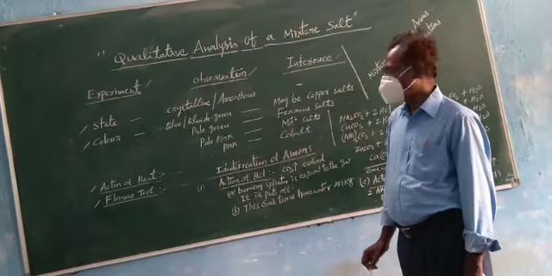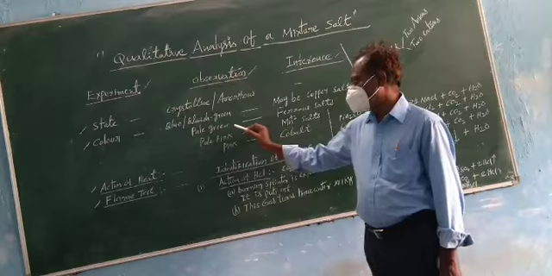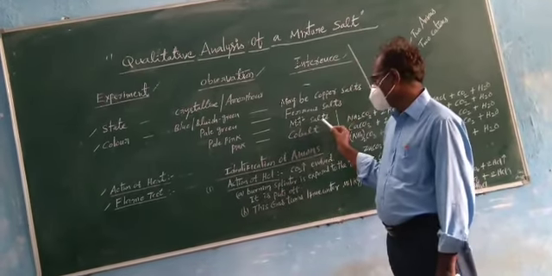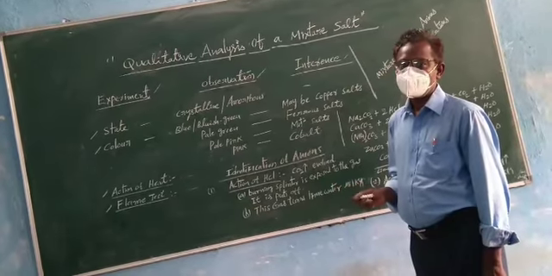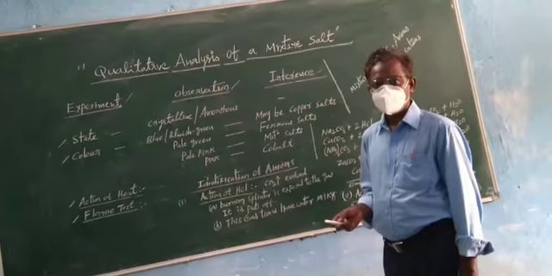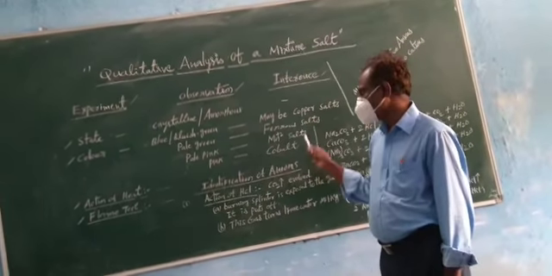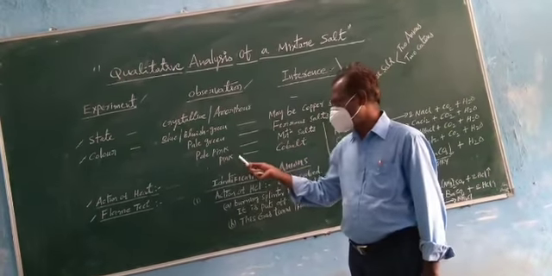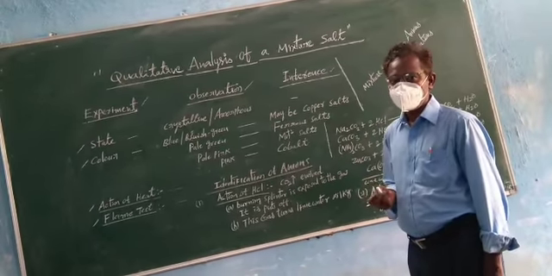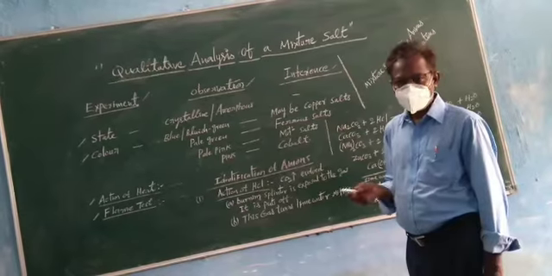Pale pink salts are manganese salts, manganese chloride MnCl2 and manganese sulfate MnSO4. Purely pink color means cobalt salts. The remaining salts are white in color.